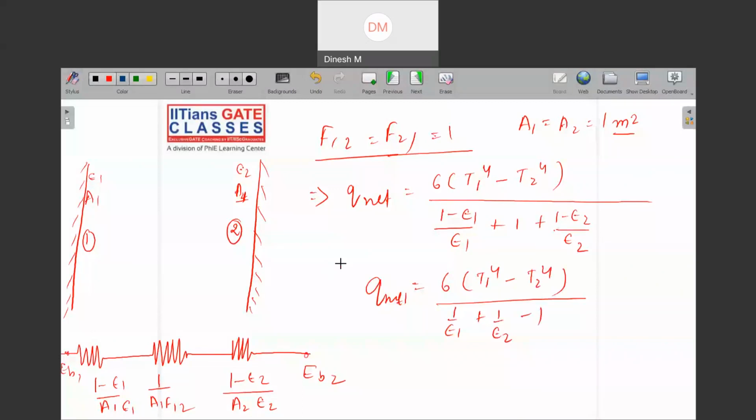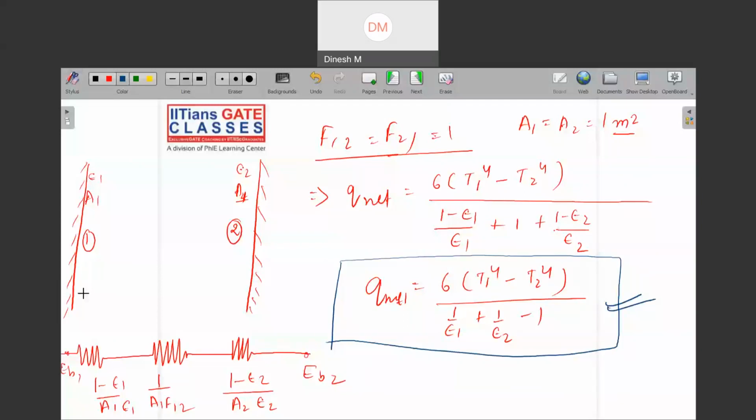Now let us apply this to the radiation shield problem. So what are radiation shields? There are certain scenarios, more specifically in furnaces, where you are not willing to lose heat between two surfaces.